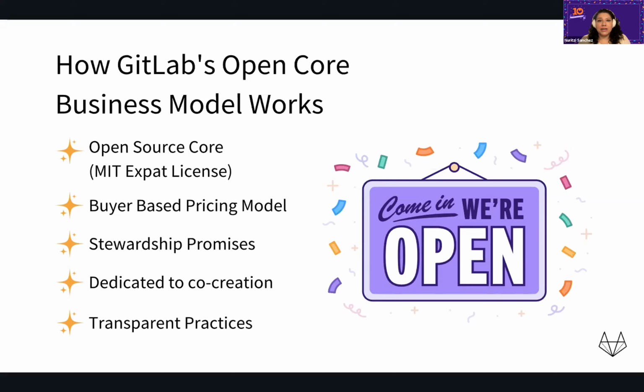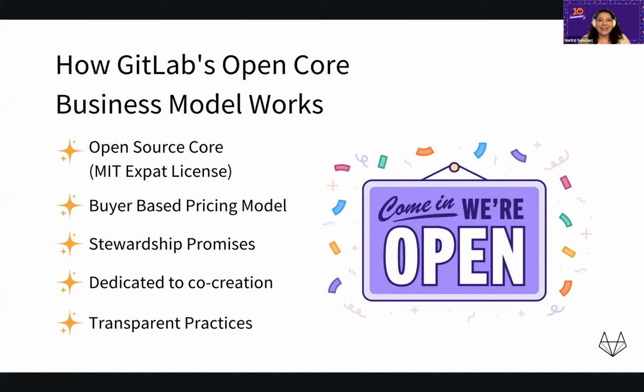And this is where, again, we're dedicated to co-creating. So we want to invite people to build alongside us to help shape GitLab into something that's useful for all of us. And this dedication to co-creation means that we have resources available to help people contribute.